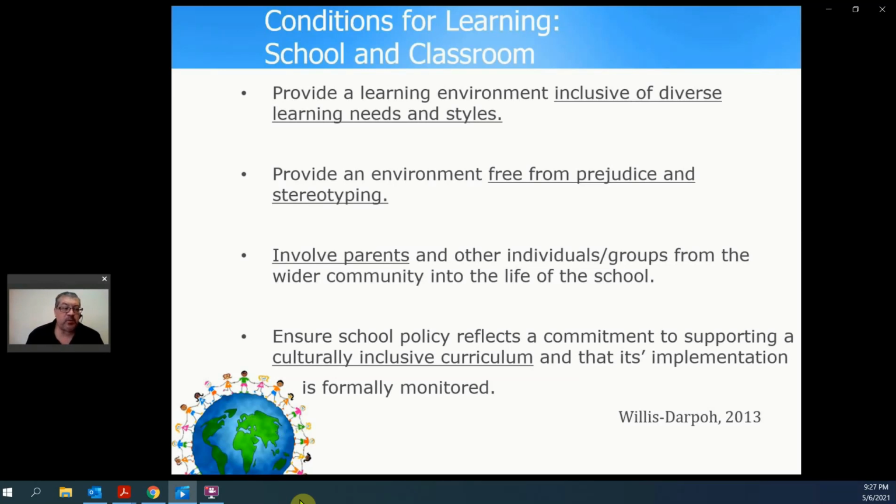It's one thing to say you support inclusive curriculum and then not really follow up, not really hold teachers accountable, and let things slip through the cracks. And that's, of course, from Gwendolyn Willis-Darpo from 2013, Creating Culturally Responsive Learning Environment for Students of Color.